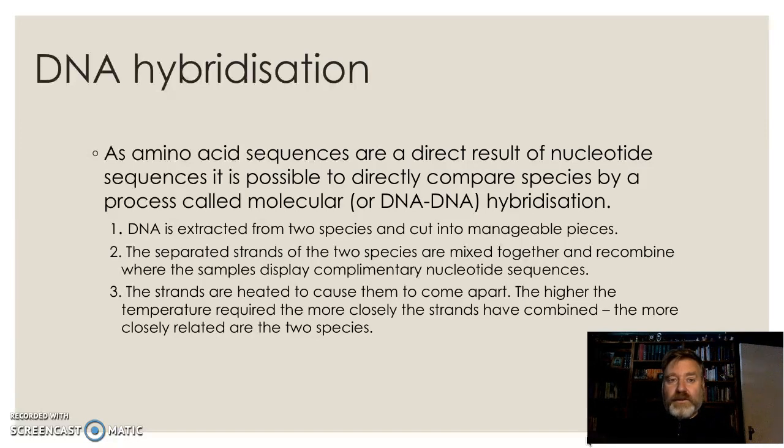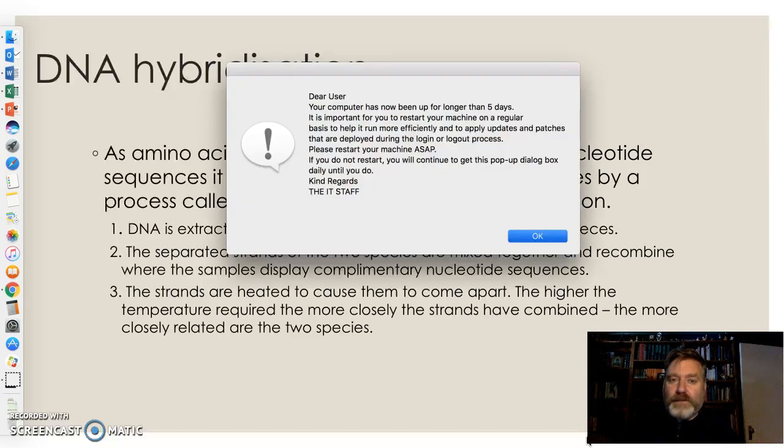So human and chimpanzee DNA, when mixed, shows about 98% of nucleotides are the same. So it takes almost the same amount of energy to pull apart human and chimp DNA as it takes to pull apart human or chimp DNA. It shows that they're really closely related, so our common ancestor is not that far away.